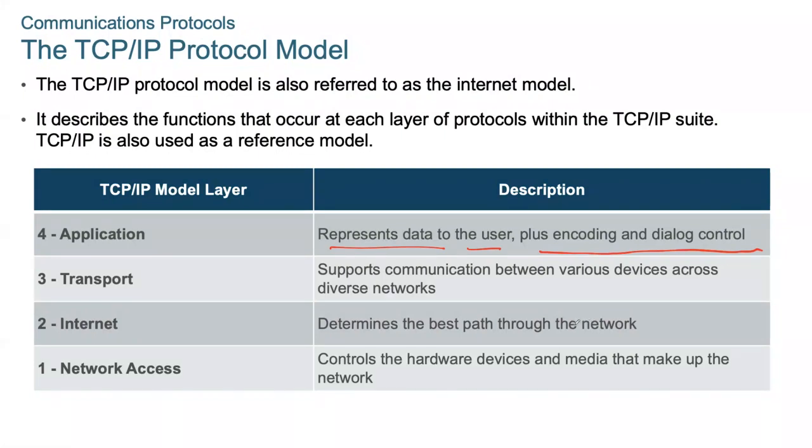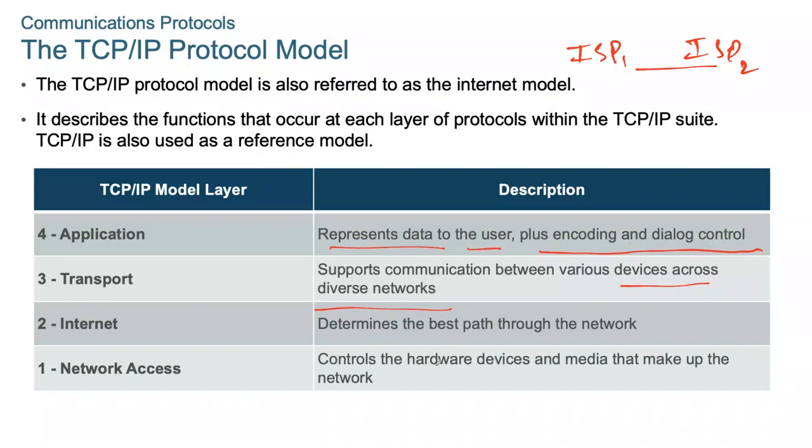Whereas the transport layer supports communication between various devices across diverse networks. Diverse networks means, for example, transferring data from ISP 1 to ISP 2, so different networks.